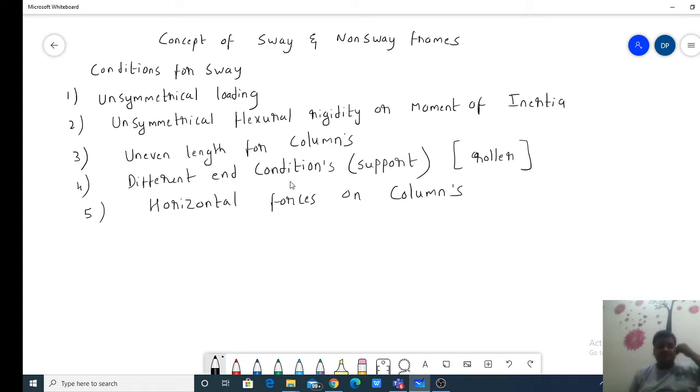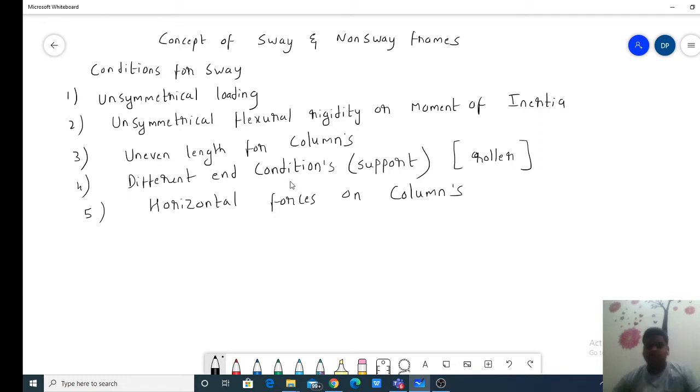So these are the cases when we say it is a sway frame. If any one of these is there in the given frame condition, then we say that it is a sway frame. So first one is unsymmetrical loading, unsymmetrical flexural rigidity, uneven length of the columns, then different end condition, that is support, or horizontal forces.